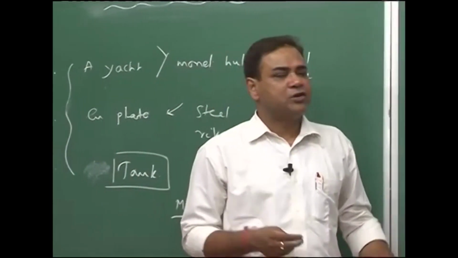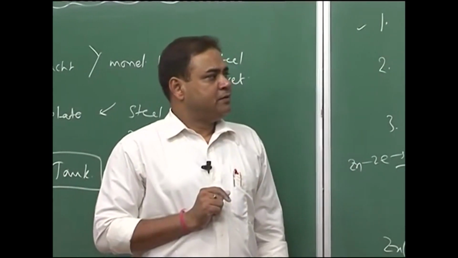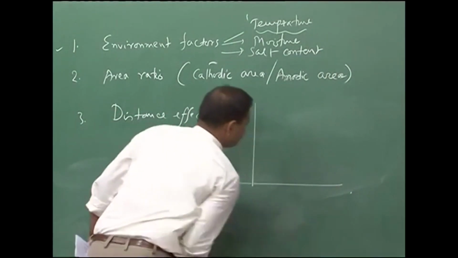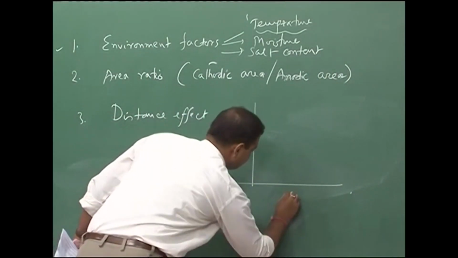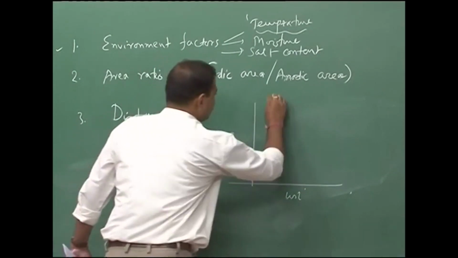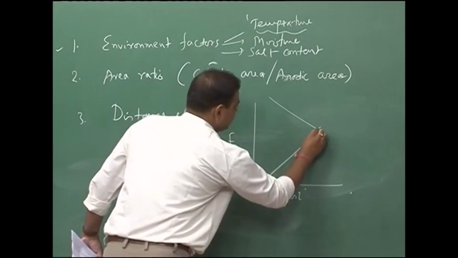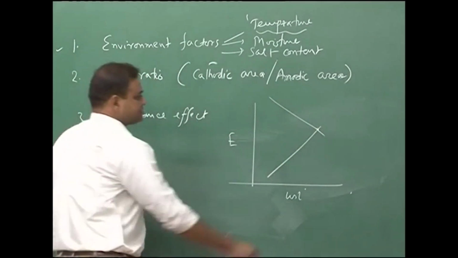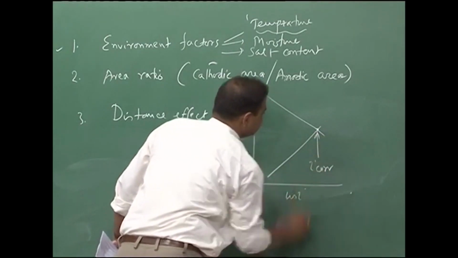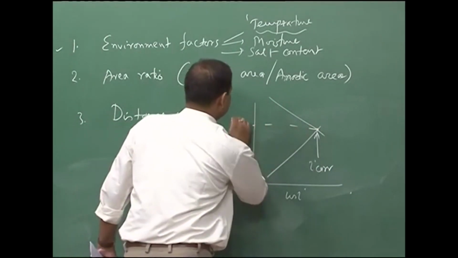Now, it can be explained on the basis of mixed potential theory. If we draw a mixed potential plot, log I versus potential, this is my corrosion point, this is my I corr, this is my E corr.